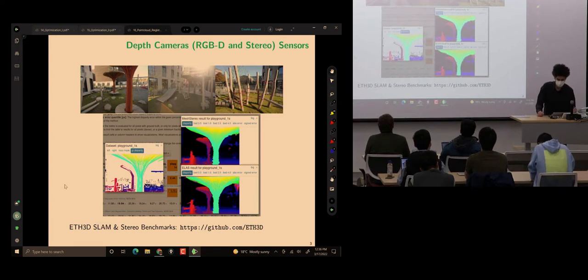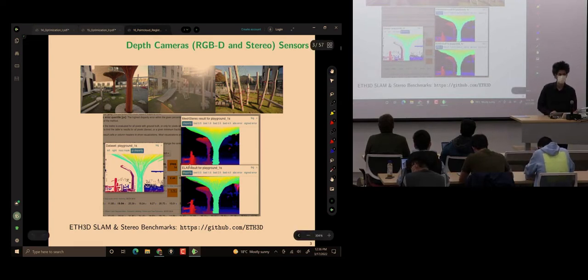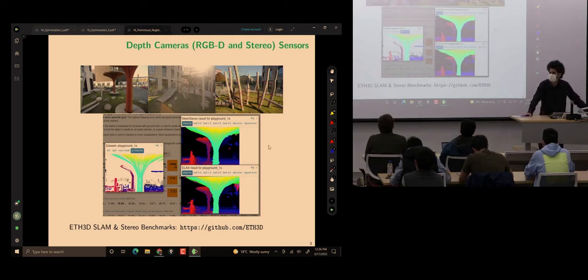There are a lot of methods for solving this problem. One famous method is ELAS. This is a library for getting depth from a pair of images. So once you have the depth, this is effectively similar to RGBD sensing, although it's passive because you get the depth from two images as opposed to projecting infrared light.